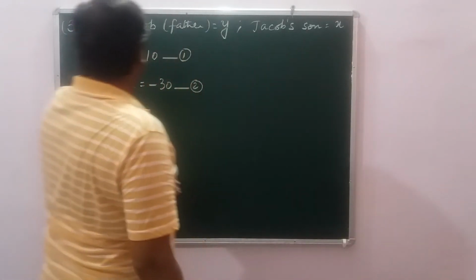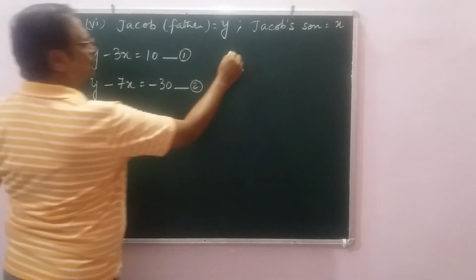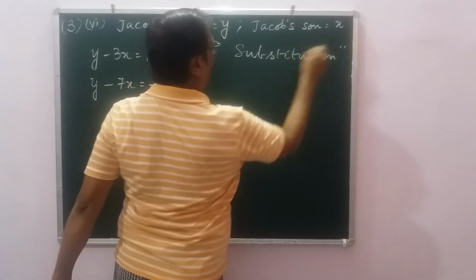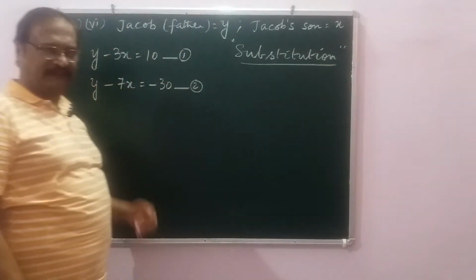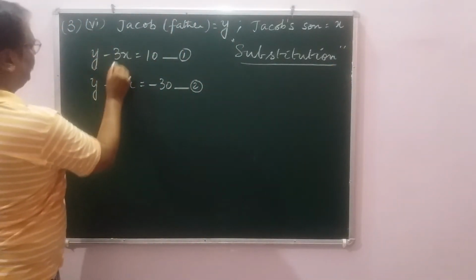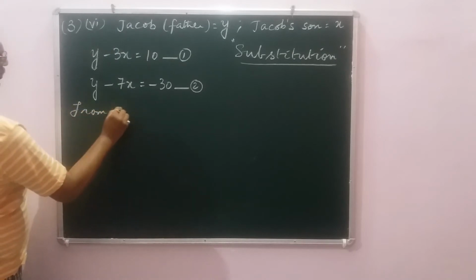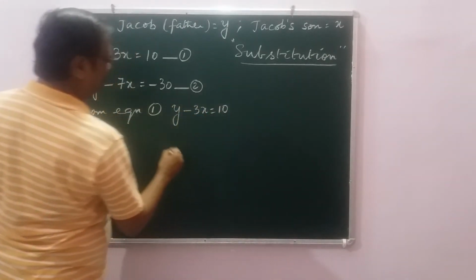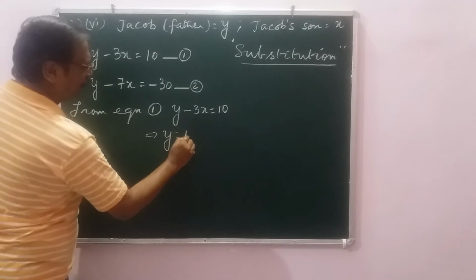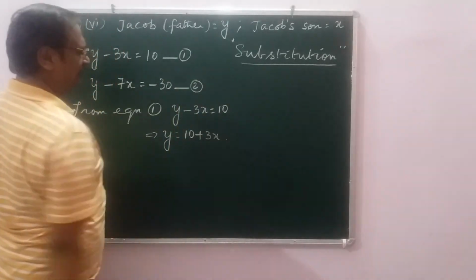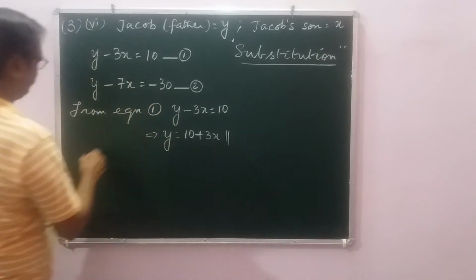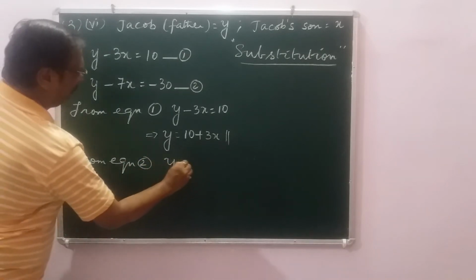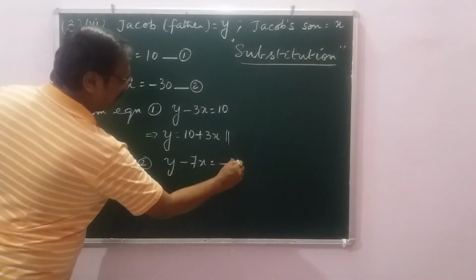Now we are going to use the substitution method. This is the last problem using the substitution method in the NCERT textbook. From equation 1, y minus 3x is equal to 10, which implies y is equal to 10 plus 3x. Take this value and substitute it in equation 2, y minus 7x is equal to minus 30.